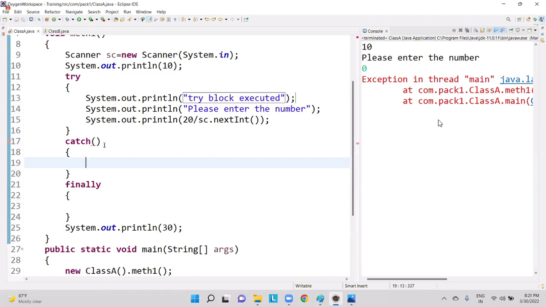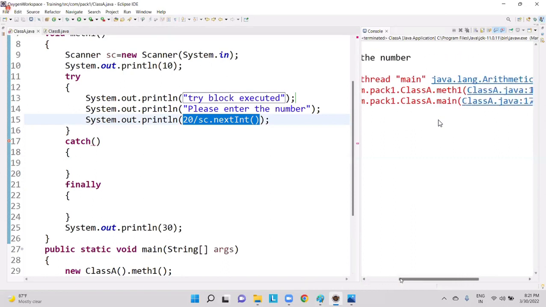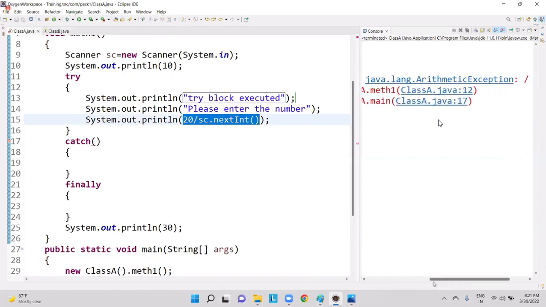Now, guys, yesterday we covered the exception hierarchy, and I told you every exception is actually a class. Did I tell you that? Every exception is a class. Yes. Now, basically, here at line number 15, what is the exception we are getting? What is the name of the exception we are getting? The name of the exception is ArithmeticException, right?